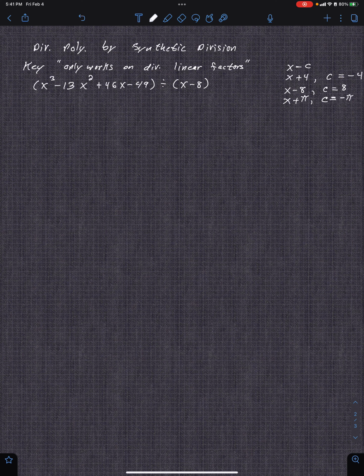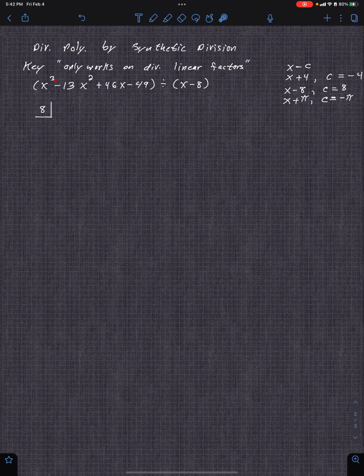Okay, so this is how it works. What we look at are these coefficients and c. You identify c and the coefficients. So you write c, which in this case is my 8, and you put a little mark like that. And then you write down the coefficients of the polynomial and make sure you put in missing degrees.